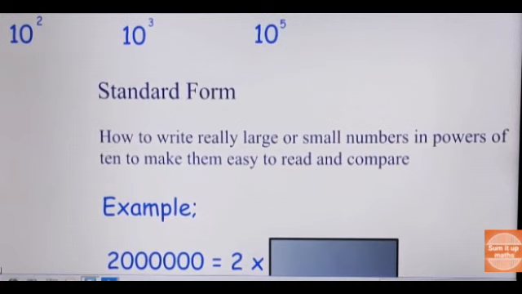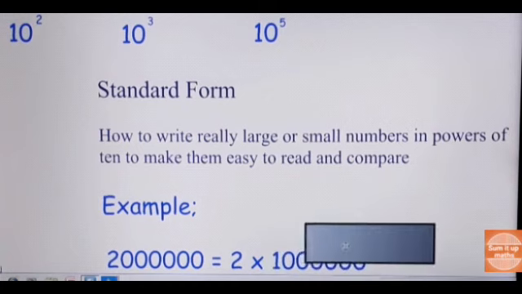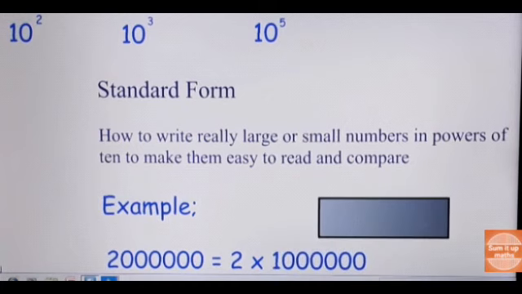Let's look at what standard form actually is. Standard form is a way that we can write really large or really small numbers in powers of 10 to make them easy to read and compare. Now I've written here an example. We have got the number 2 million, and I've written that as 2 times 1 million, which of course it is.